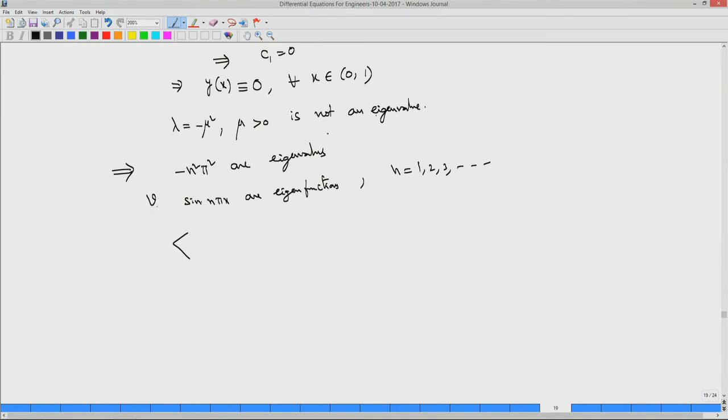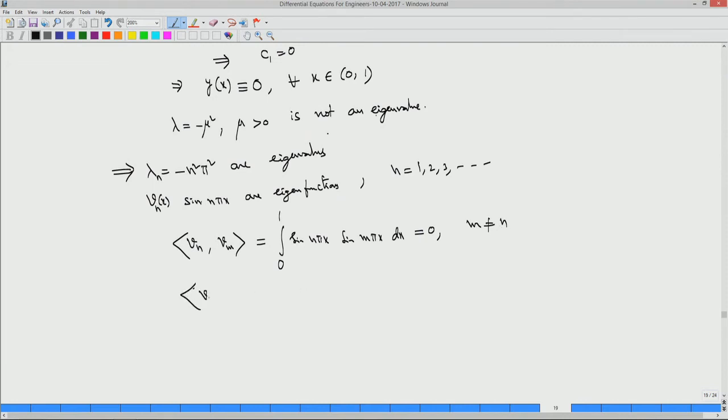Okay. If you call them Vn of x, with these lambda n's corresponding to n from 1 to infinity, the dot product of Vn and Vm, which we defined based on your differential operator, is the integral from 0 to 1 of sin n pi x sin m pi x dx. This should be 0 whenever m is not equal to n. You can easily verify that this is actually 0 when m is not equal to n.